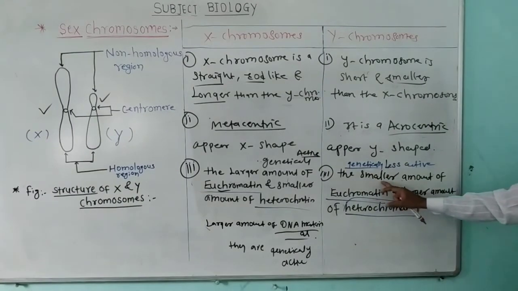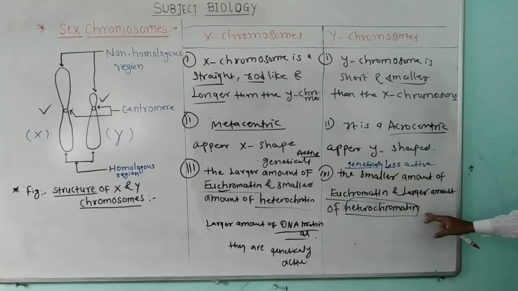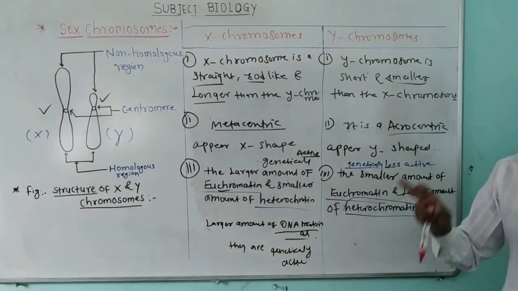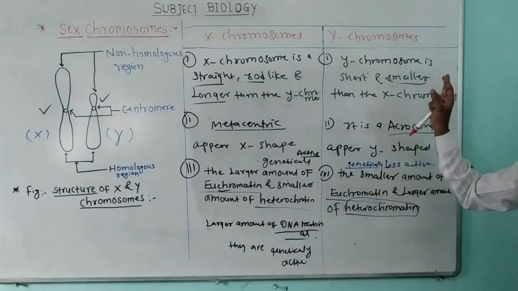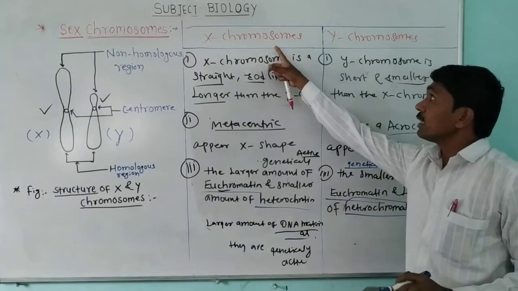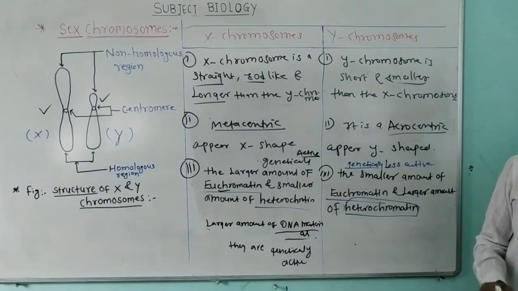That means the X chromosome is genetically more active, and the Y chromosome is genetically less active as compared to the X chromosome.